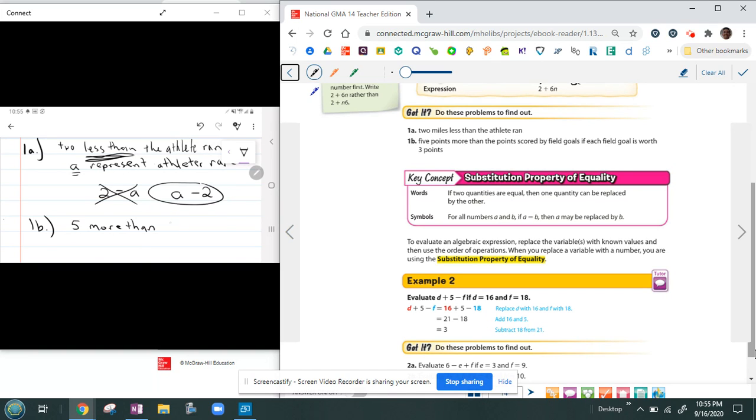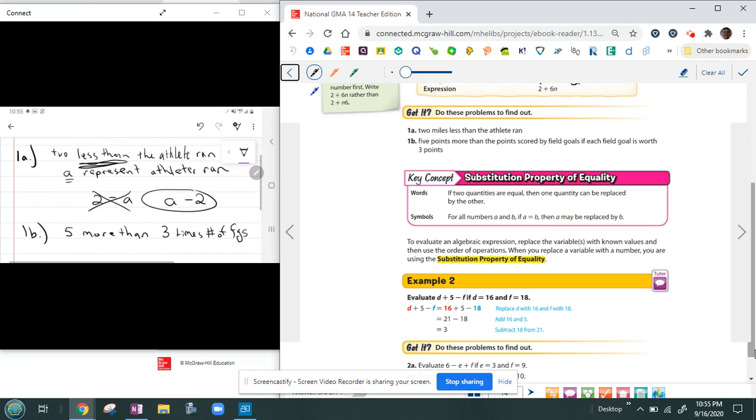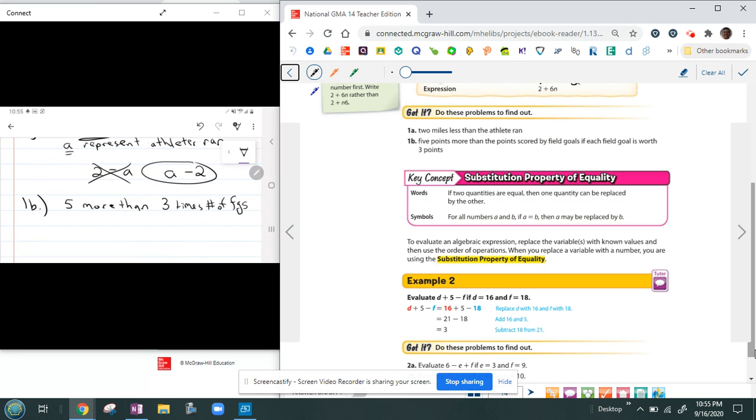So I would say 3 times the number of field goals. Okay, 5 more than 3 times the number of field goals. Or I guess you could say something like 5 more than the total points scored from field goals. I'm not sure how to write that, but this gets the point across.